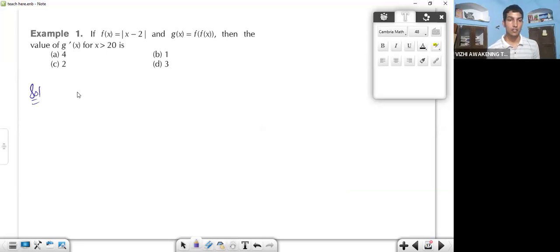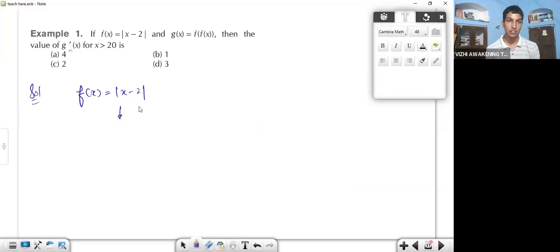So here the given function is f of x equals mod of x minus 2, and g of x as f of f of x. Then the value of g dash x, which is the derivative of g of x, for x greater than 2.